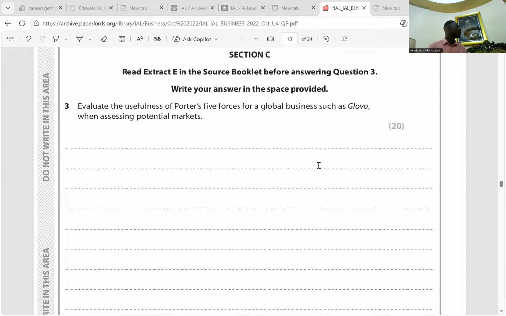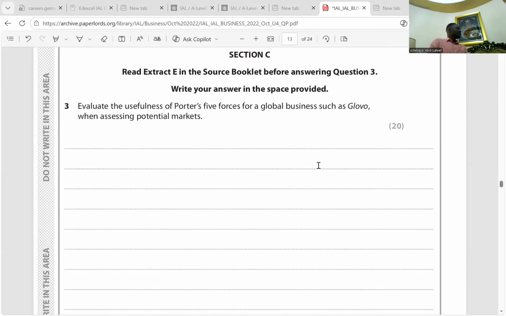Infrastructure is its own factor, about communication, road network, water supply, electricity. That's another problem which Porter will not talk about. So Porter's five forces has its own drawbacks and weaknesses.